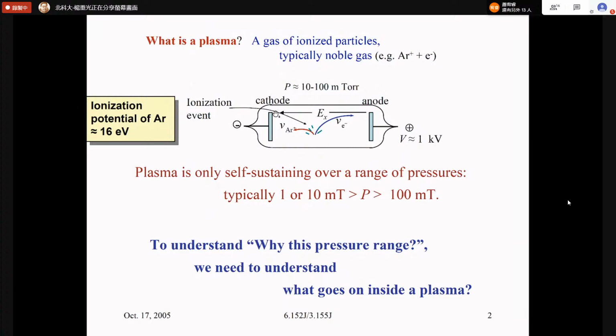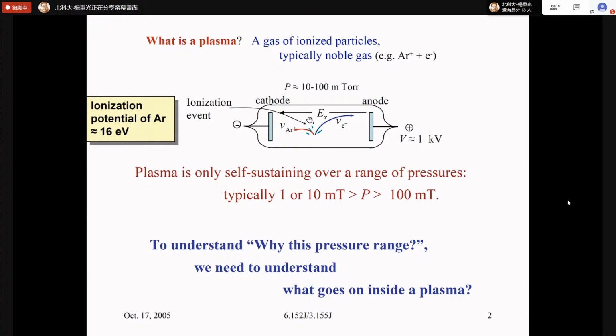We use a cathode and anode, and there is a voltage drop, and that voltage drop separates the argon ions and electrons. The electrons go to the anode, and the argon ions go to the cathode, right?